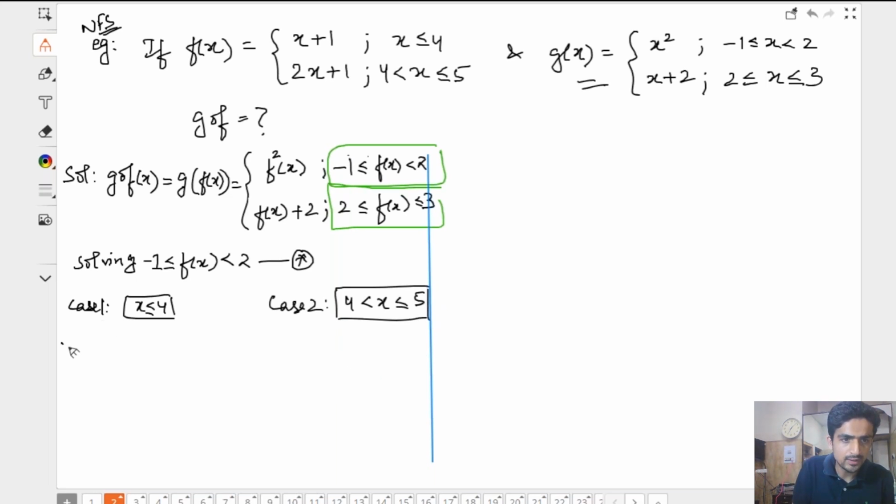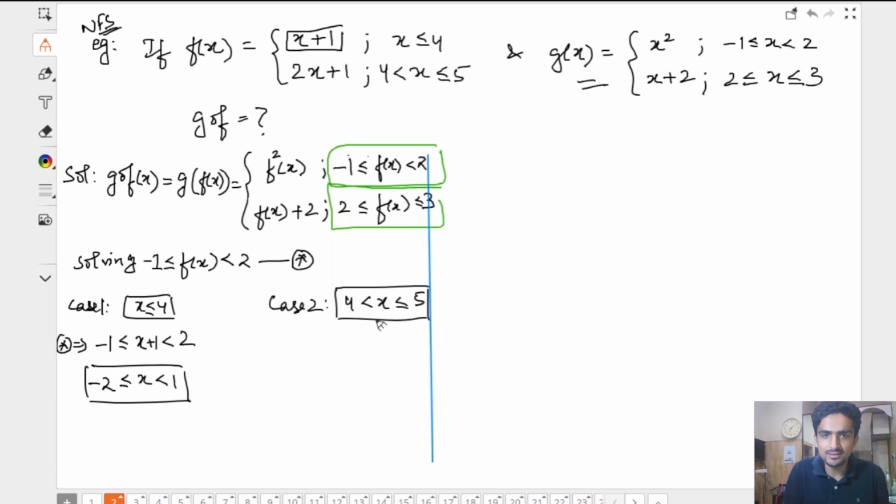So in case 1, star becomes -1 less than or equal to, now which value of f will I choose? This one, x plus 1. Very good. So it gives me x is -2 to 1.